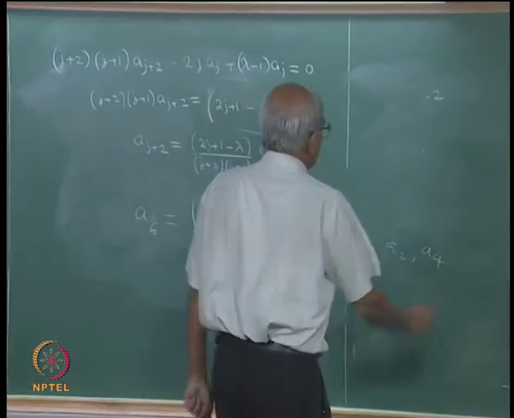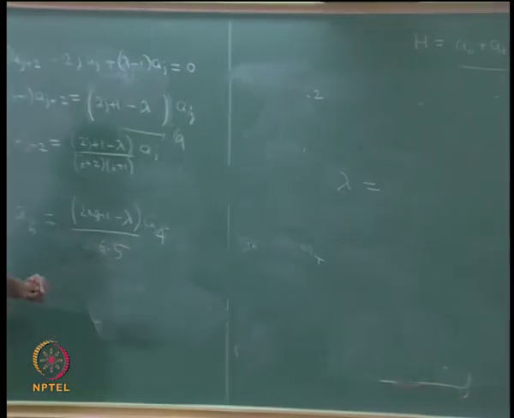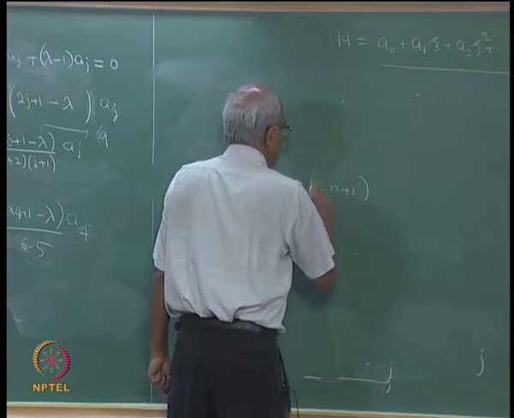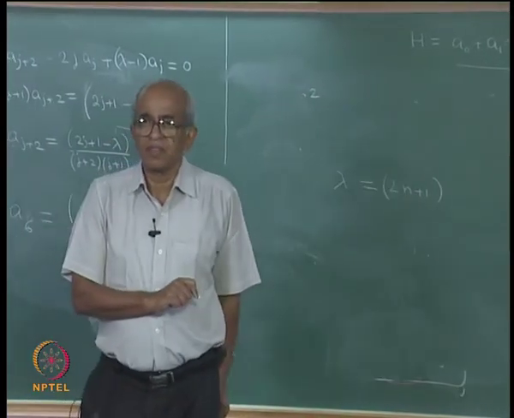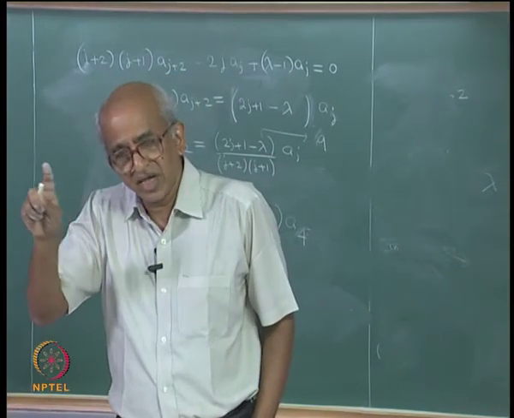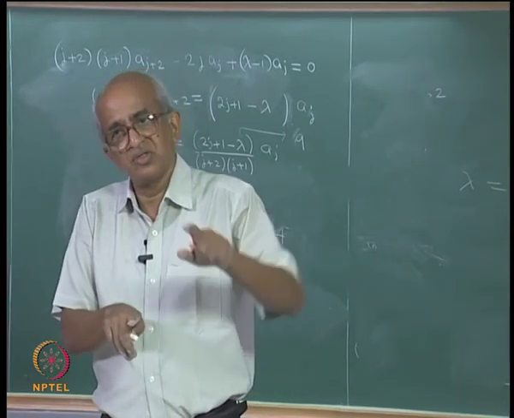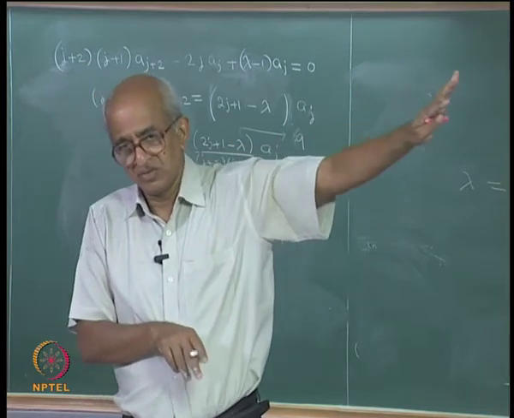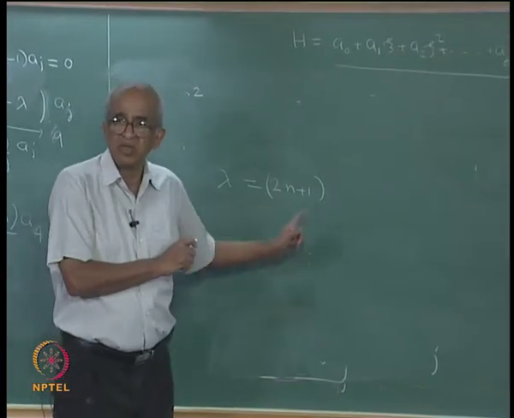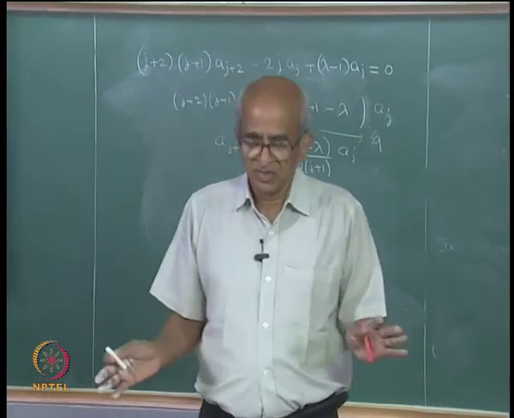I should have lambda equal to 2n plus 1, where n is an integer, right, then a n can be non-zero, but a n plus 2 will be 0, and if a n plus 2 is 0, everything higher will also be 0. So, in order to get acceptable solutions, I should have lambda equal to 2n plus 1. If I have lambda equal to 2n plus 1, guaranteed I can have acceptable solutions, right.